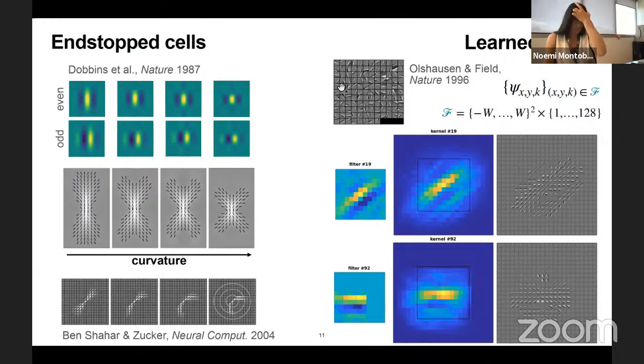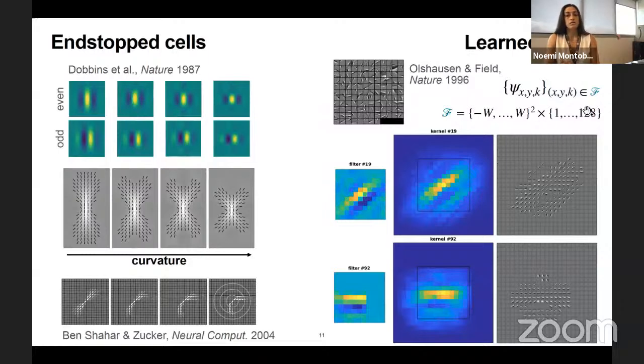And finally, we computed the connectivity pattern associated with a bank of learned filters. So in particular, we considered a bank of filters learned as a sparse basis for the statistics of natural images. And these filters are invariant by translations. So the feature space, as I was mentioning before, still has a product form where the first two coordinates are x, y coordinates, so spatial coordinates, but the third coordinate is just an index because the filters are learned.